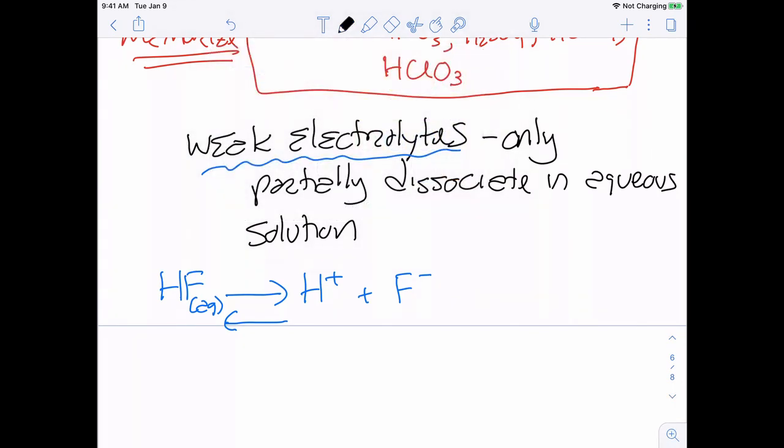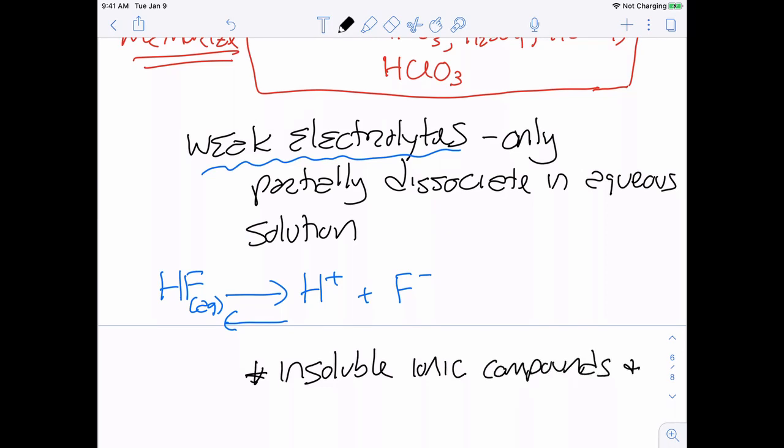Our weak electrolytes are going to be our insoluble ionic compounds. We're saying they're insoluble, but they are actually partially soluble. A small amount of them will actually dissociate, so we are going to classify them as weak. So insoluble ionic compounds and our weak acids.